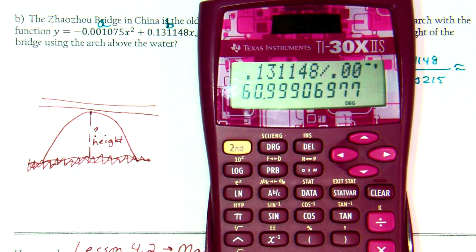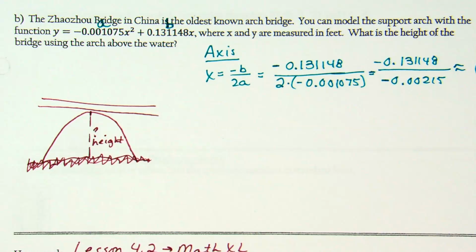Okay, I've got 60.9990697. What is that approximately? 61. Okay, and going forward on this, I did use 61. I did not continue with that lovely decimal because even if you round it to like 2 decimal places, it's still going to round up to 61.